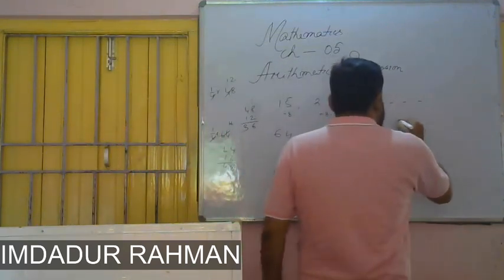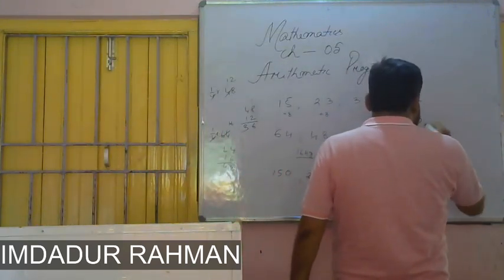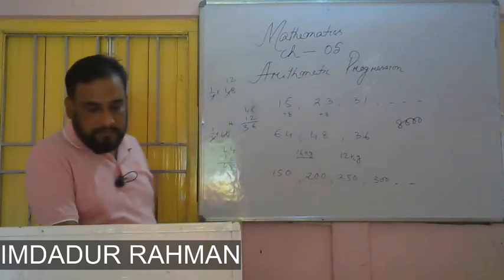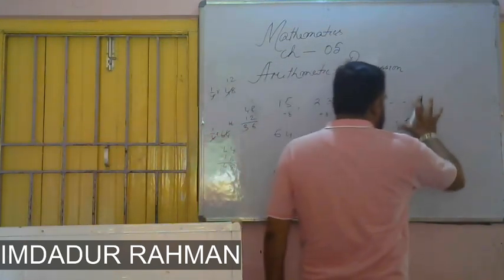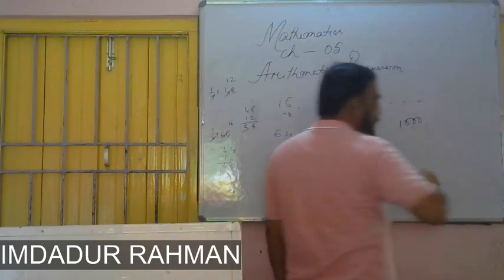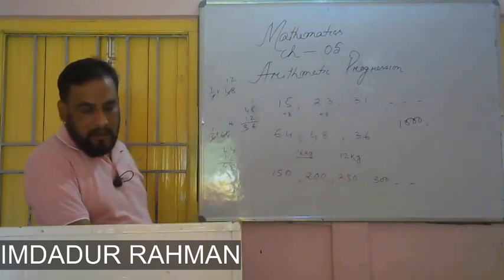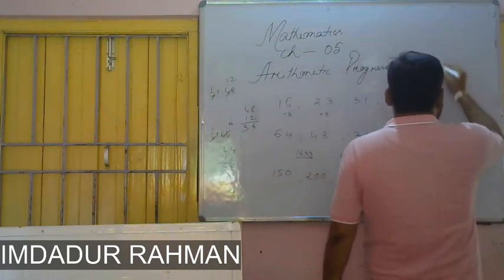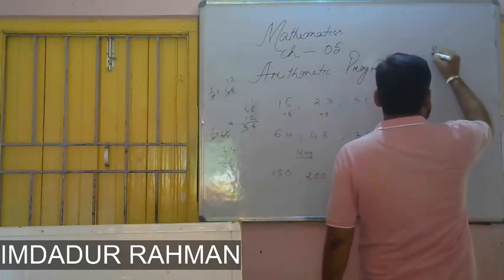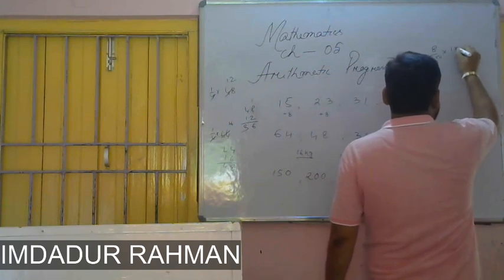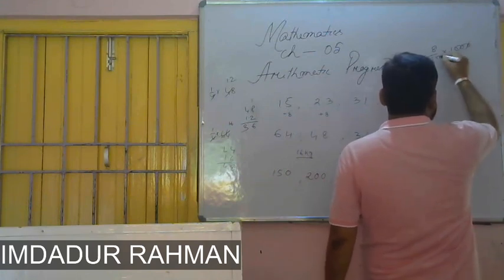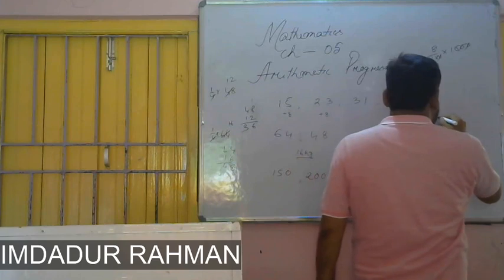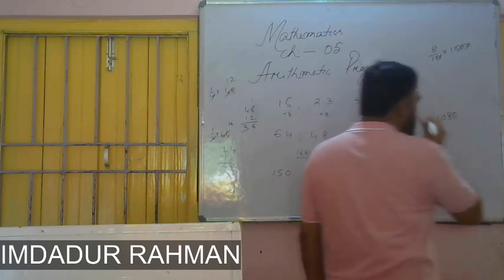That is 1000 for the first year principal, then rate of interest is 8%, that is 8% of 1000, how much? 80. So next year principal will become 1080.